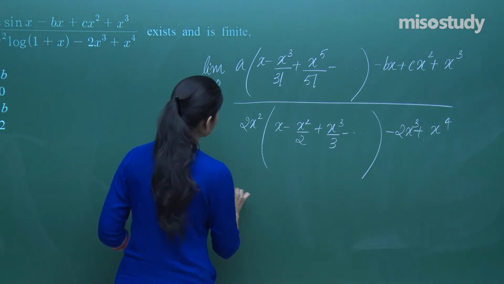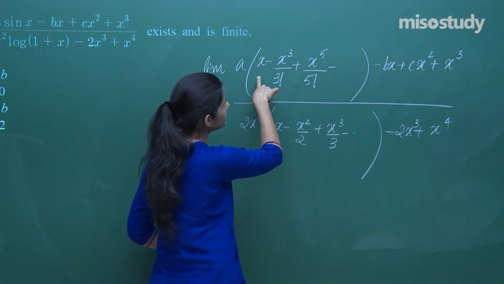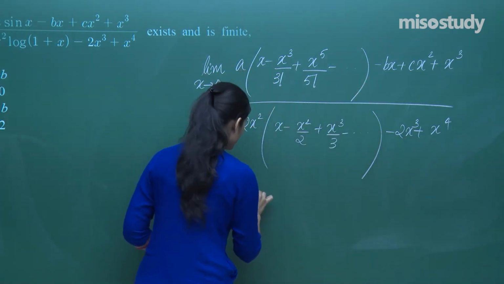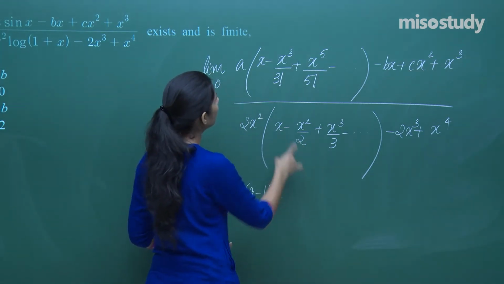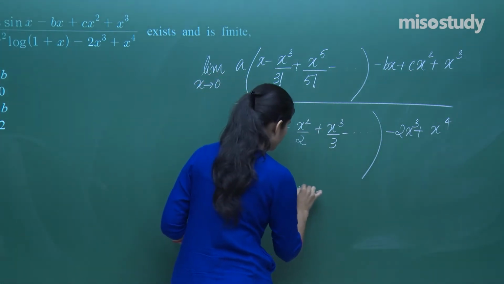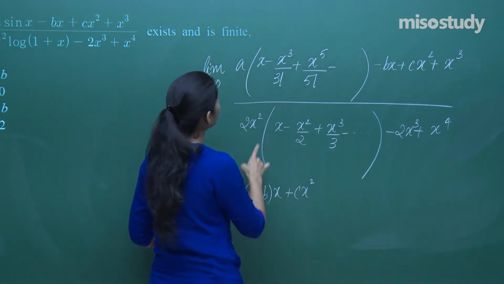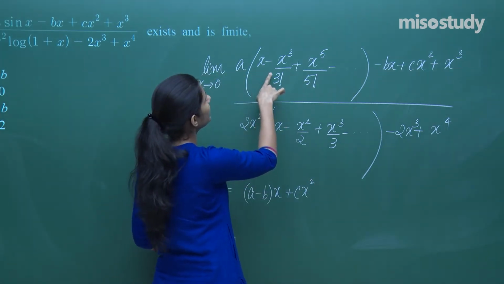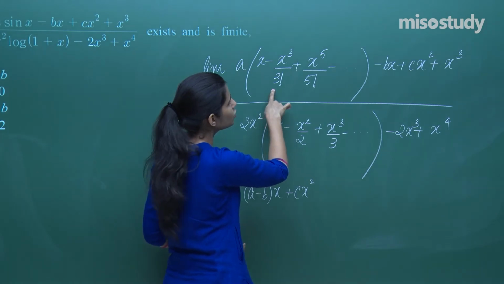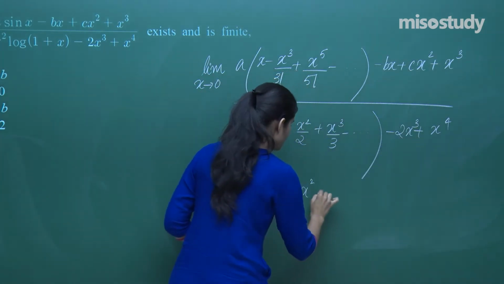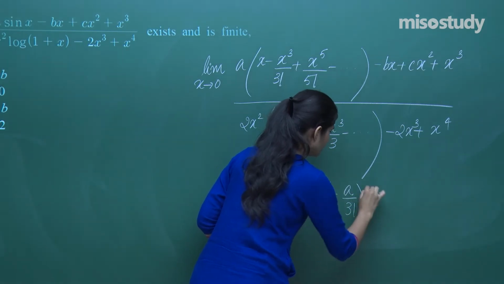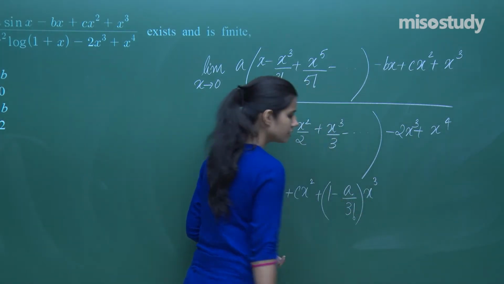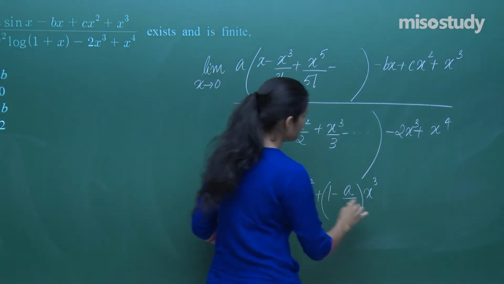So here, if you see, you basically have ax minus bx, so (a minus b)x, then you have plus cx square. And talking about x cube, you have minus a by 3 factorial x cube and 1 x cube. So you have (1 minus a by 3 factorial) x cube, right?